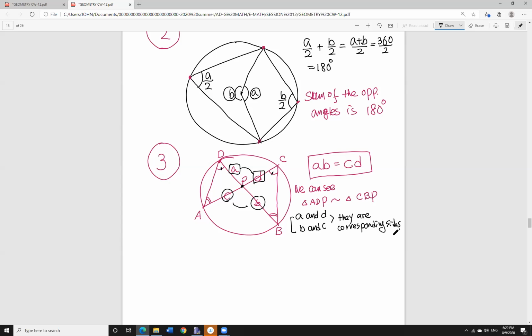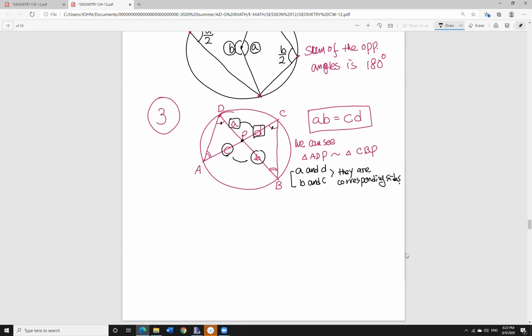It's true, right? Now we need similar triangles. You know that in similar triangles, corresponding sides are in proportion. We know that, okay? So A over D and C over B must be equal. Same ratio.